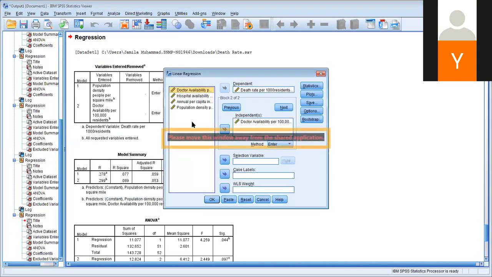If it's backward, we load everything. We begin to see which one we begin to remove, one by one. Remove doctor availability. That means in the backward, you will not need to do simple regression for each of them?